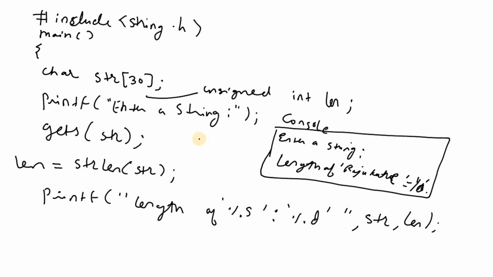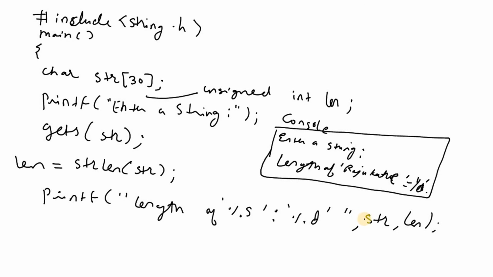So using the string length function, we call strlen. The string length function takes a character array, so whichever string you want the length of, you have to pass as an argument. It returns how many characters are present, excluding the null character, as a positive integer value.